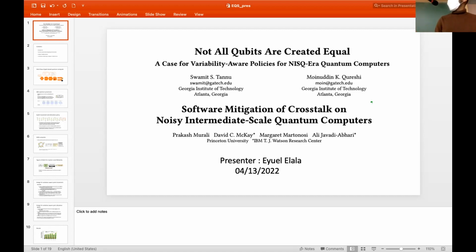And we see about the design for variability-aware qubit mapping and variability-aware qubit allocation. Then finally, the instruction scheduling to mitigate this kind of crosstalk errors, which is based on the second paper I showed. So let me start my presentation.